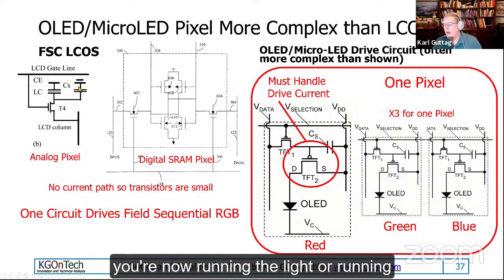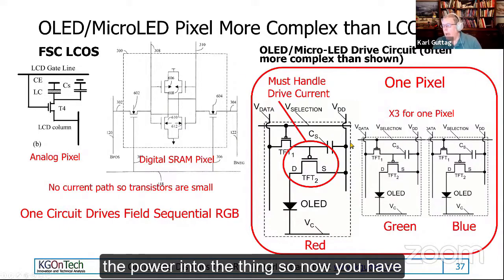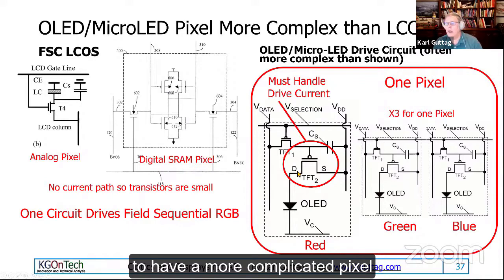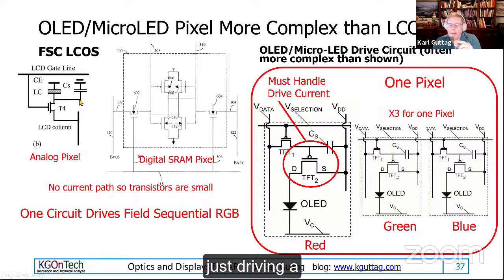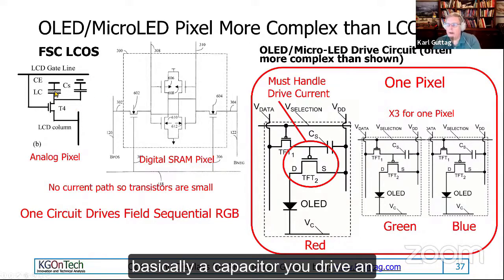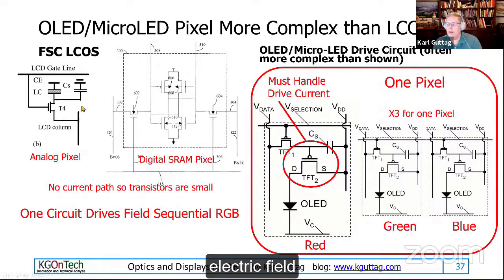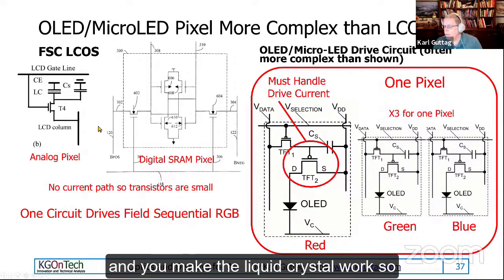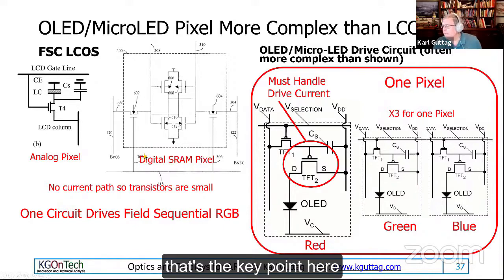Because of that, you're now running the power into the thing. So now you have to have a more complicated pixel, and the pixel has to have structure in it capable of handling current. In the case of LCOS, it's static. You take an electric field, it's basically a capacitor. You drive an electric field and you make the liquid crystal work. So that's the key point here.